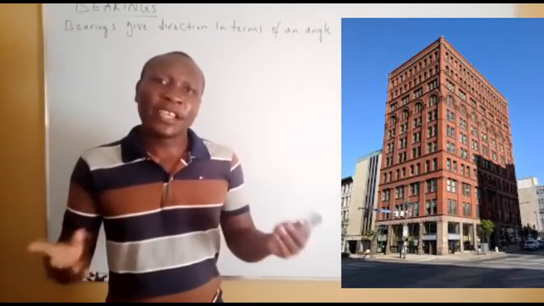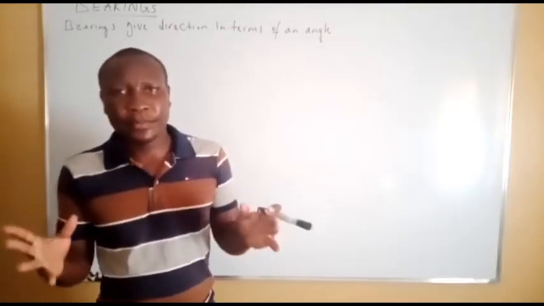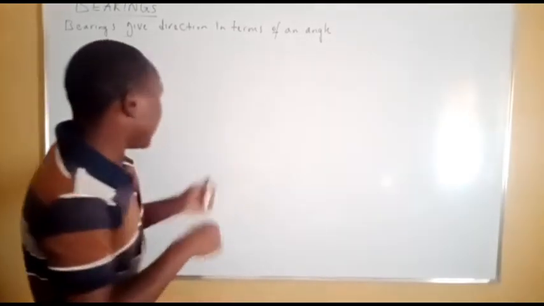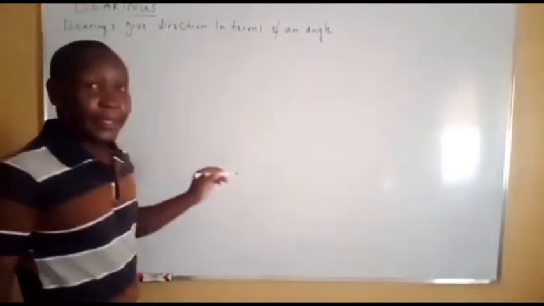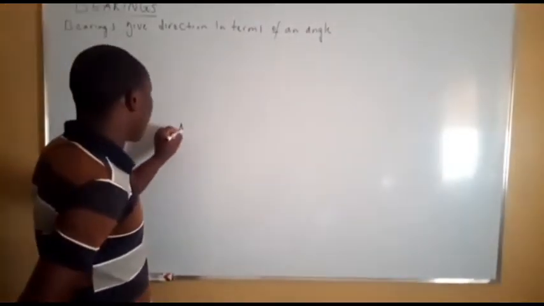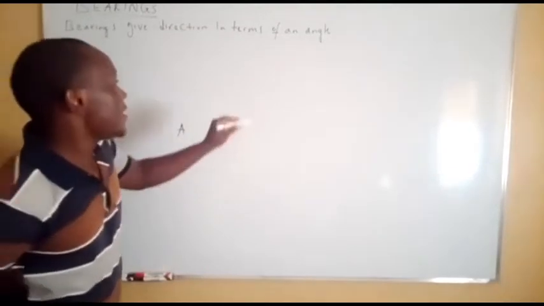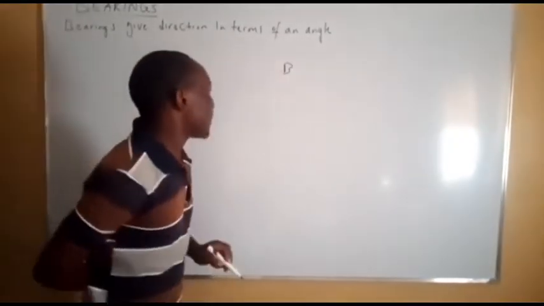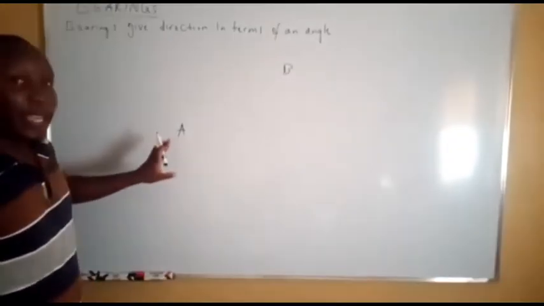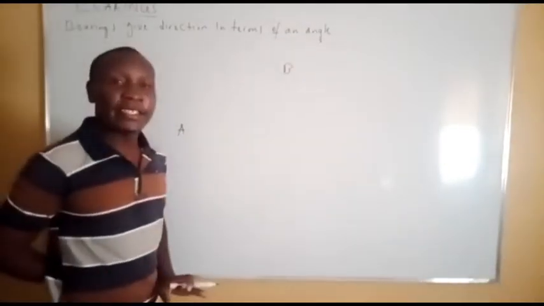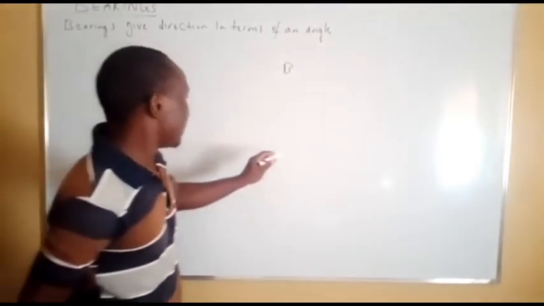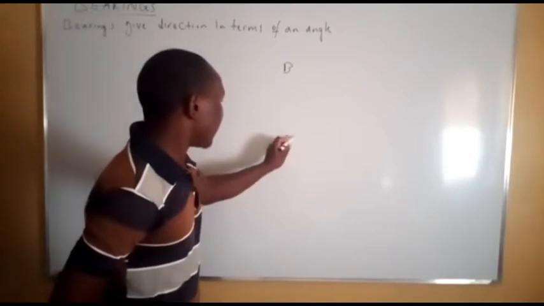Now, for example, here there's town A. Then here there's town B. Then here we say there's a building.